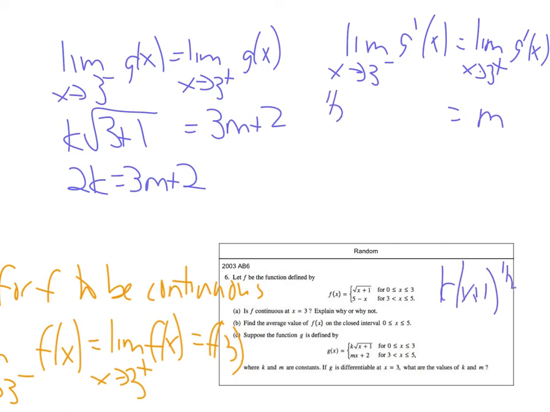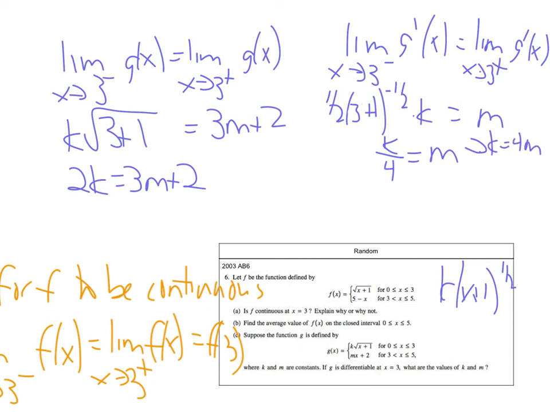So that's going to be 1/2 times x plus 1 to the -1/2 times k. But it's not x. I shouldn't have put an x there. I should have put a 3 there. 3 plus 1 is 4. Square root of 4 is 2. And then to the negative 1 is 1/2. So this is k over 4 is m. So k is 4m.